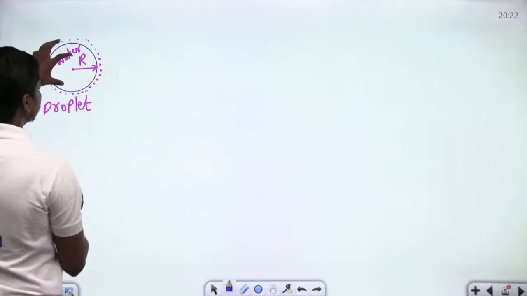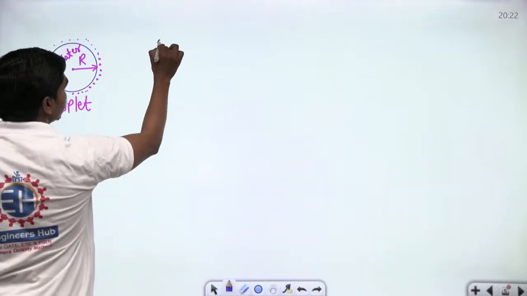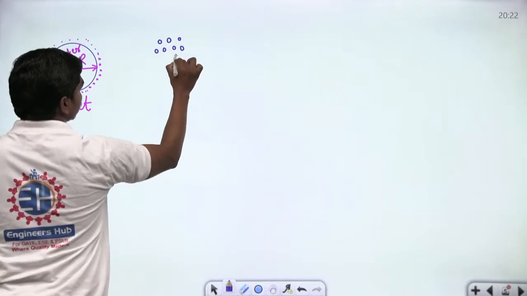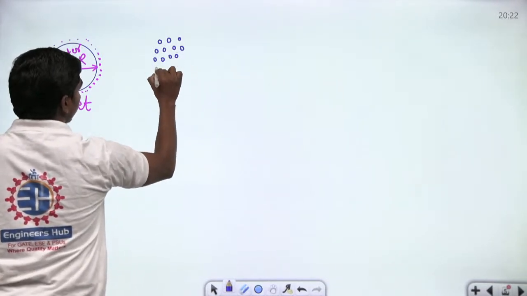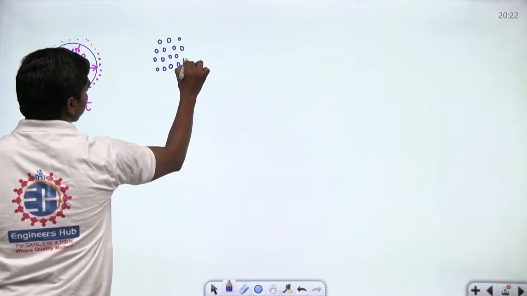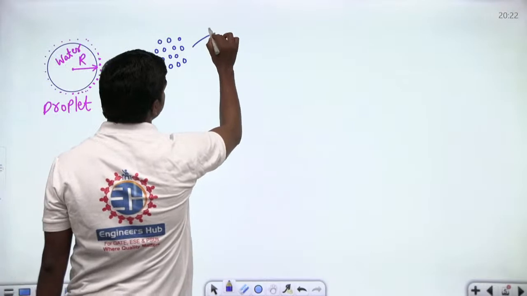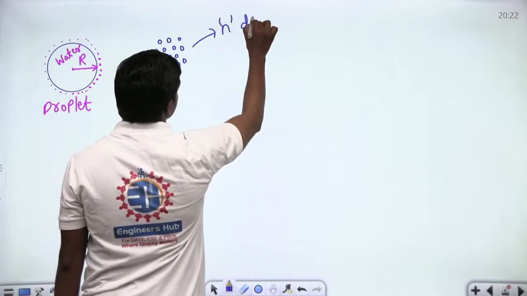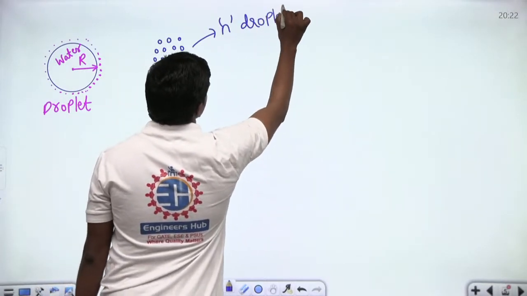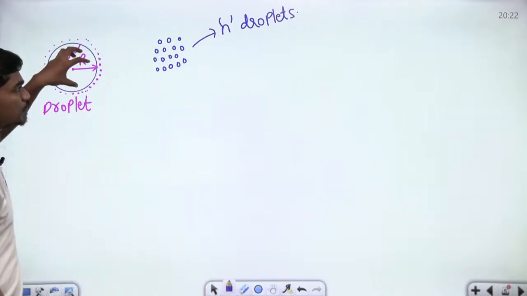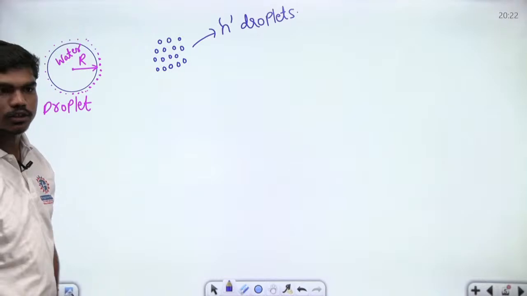So see here, let us suppose this big water droplet which is initially here is split into small water droplets, and let us suppose this complete big water droplet is split into n small droplets. N small droplets. So what is the work required in blowing up this big water droplet into n small droplets of water?